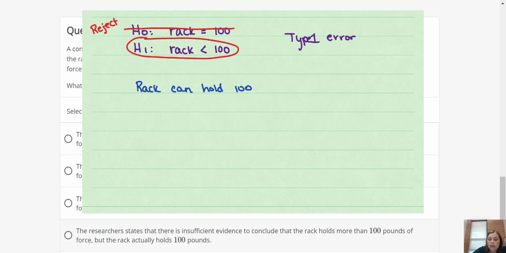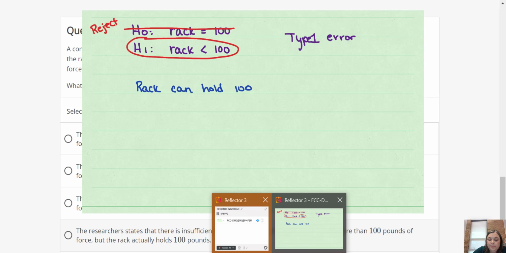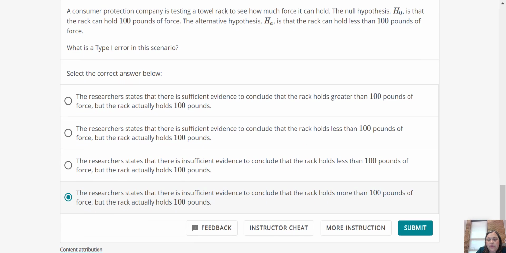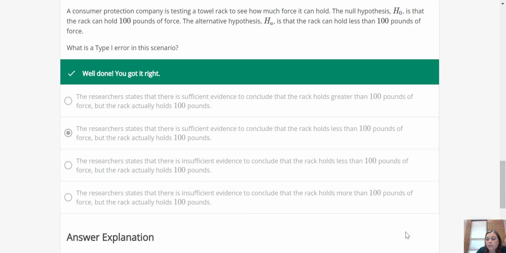So let's see the choices they give us. The researcher states that there's sufficient evidence to conclude that the rack holds greater than 100 pounds. No, the alternate hypothesis says that it was less. The researcher states there's sufficient evidence to conclude that the rack holds less than 100 pounds of force, but the rack actually holds 100. So that is the one that we would choose.